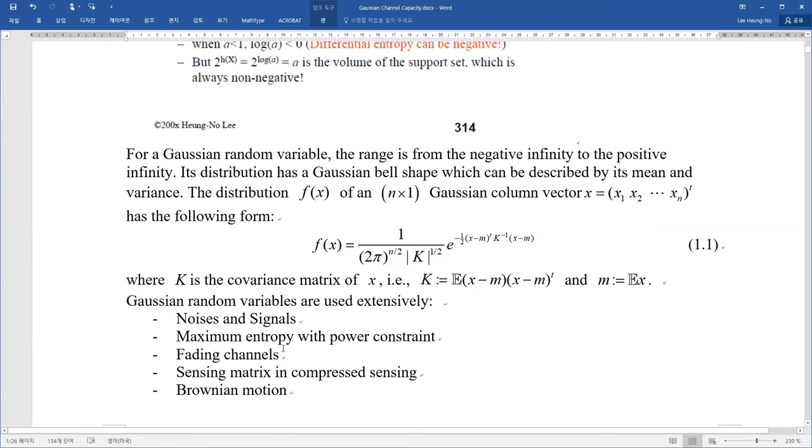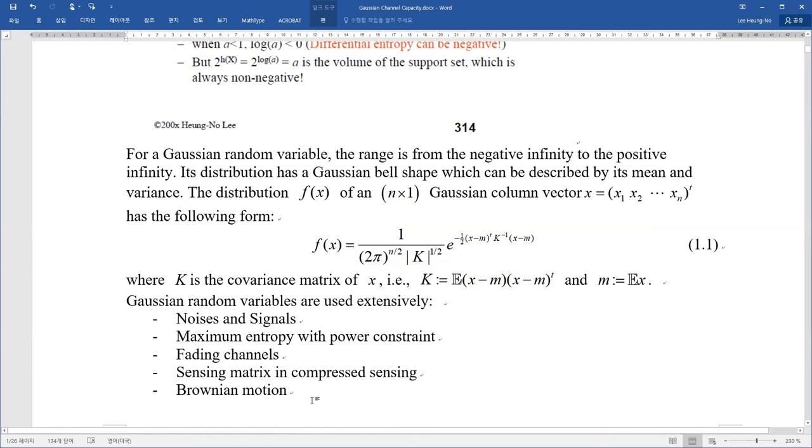And we can also talk about fading channels when we study wireless communications. The channel coefficient is modeled as a Gaussian random variable. And the sensing matrix in the compressed sensing literature: we have Gaussian sensing matrices, where the elements of the sensing matrix are Gaussian distributed. And then we can also talk about Brownian motion.